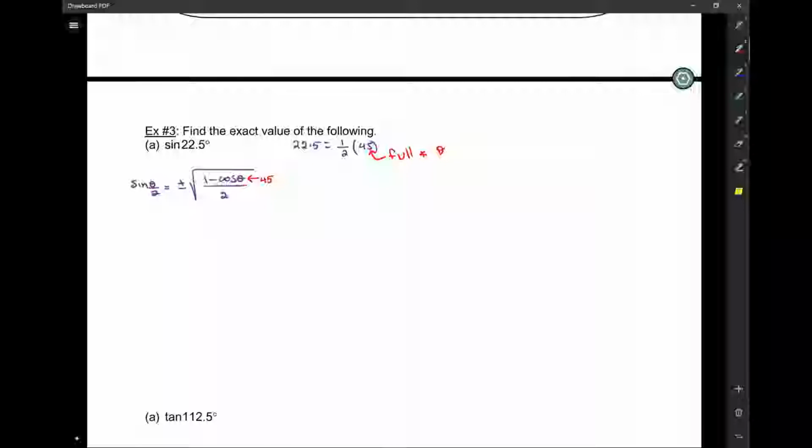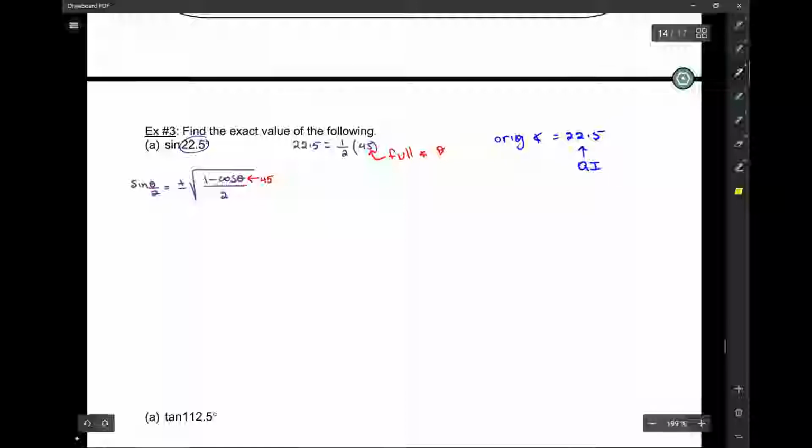Okay, my original angle is 22.5, right? Original angle is 22.5. This is in quadrant 1. In quadrant 1, is sine positive or negative? Everything is positive.